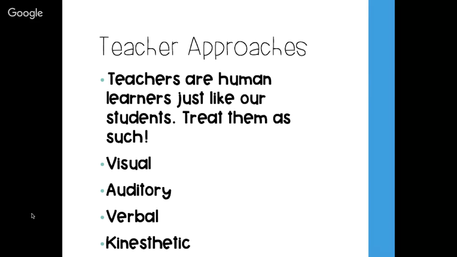Teacher number two has not been teaching long at all, and is not very comfortable around technology. And teacher number three has been teaching for a very long time, and we'll leave it at that.